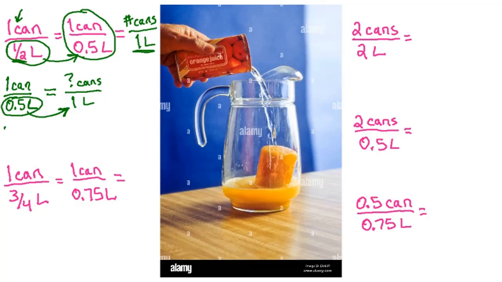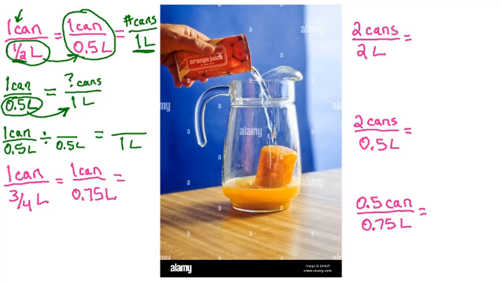So if we have 1 can and 0.5 liters, if we divide that by 0.5, we have to do what we do on the bottom, we have to do on the top. 0.5 liters divided by 0.5 liters gives us 1 liter.